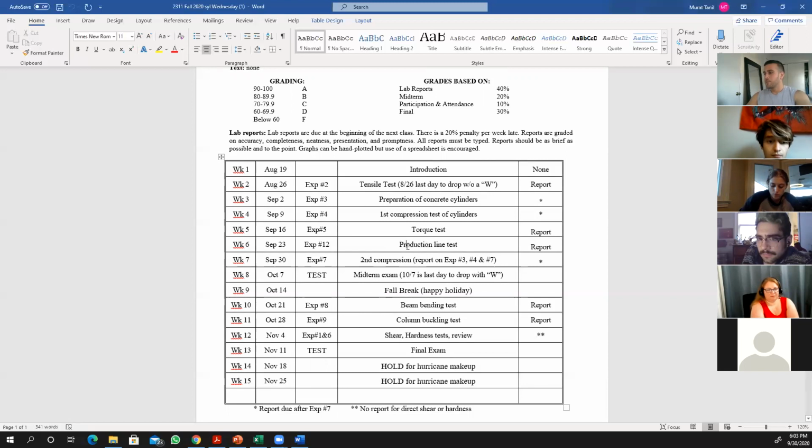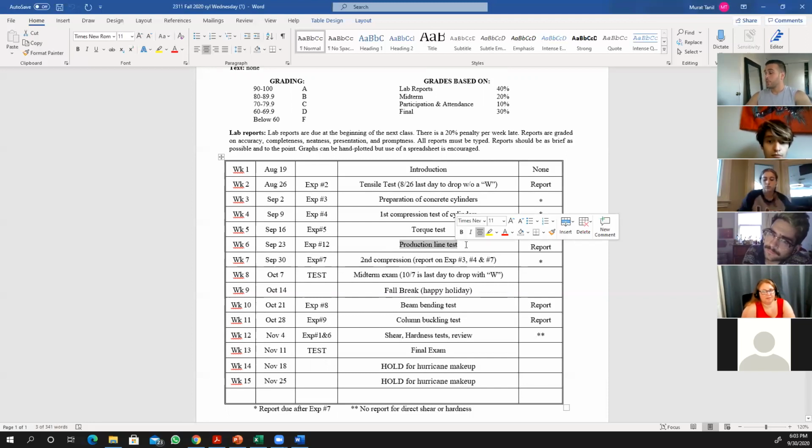And this is the only experiment that students have hands-on experience. The other experiments, I don't even perform by myself, because the equipment that we use is an expensive piece of equipment. This one is the only one with hands-on experience, but it is super simple.